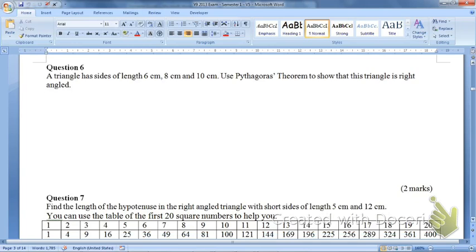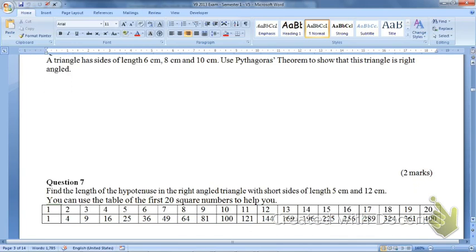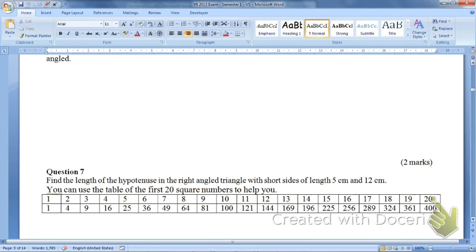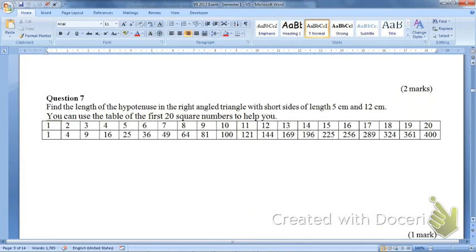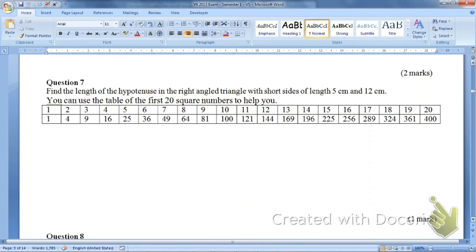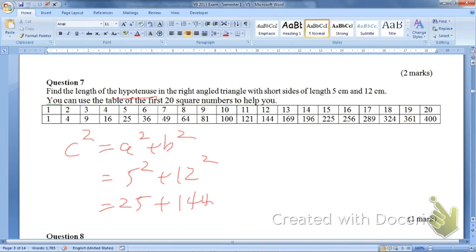Question 7. Using the table, we're not expecting you to actually do the calculations and work it out in your head. What we do want to do is find the hypotenuse. So we're after C. C squared is a squared plus b squared, is 5 squared plus 12 squared. 5 squared is 25. 12 squared is 144.